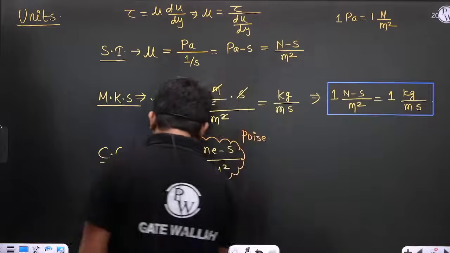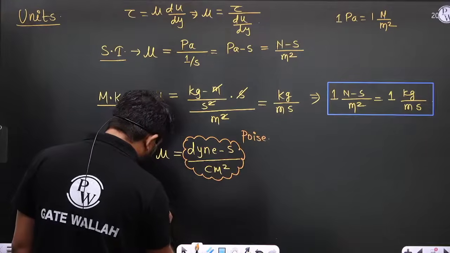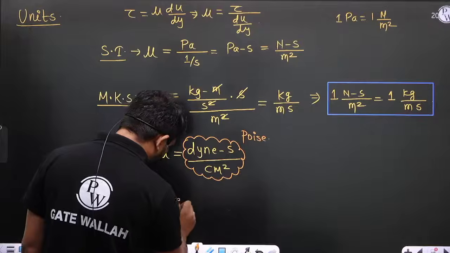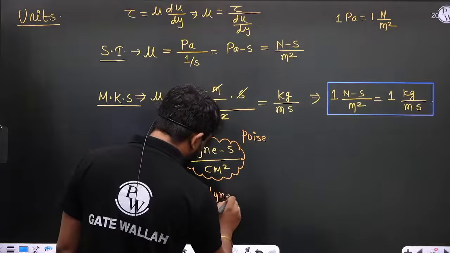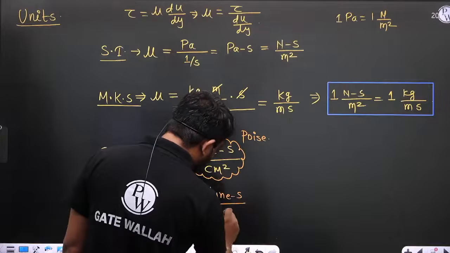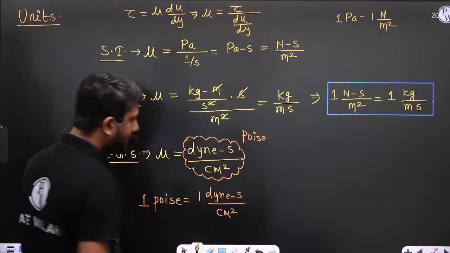So 1 poise is equal to 1 dyne second per centimeter square, right?